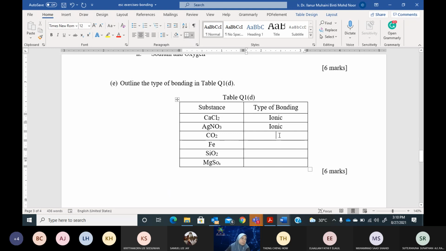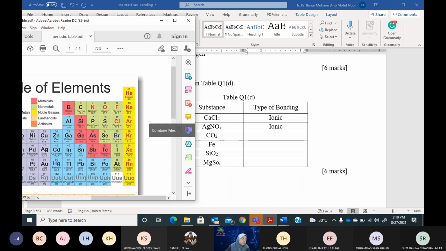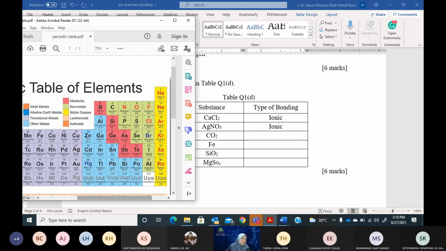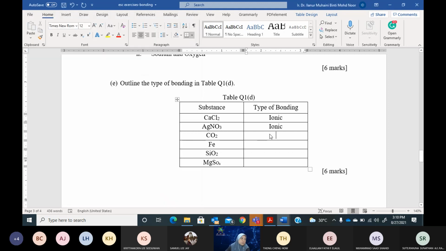Number 3, carbon plus oxygen. Okay, is carbon metal? Refer here. Carbon is non-metal, okay? The indication is here in the periodic table. And oxygen is also non-metal. Non-metal plus non-metal, covalent.